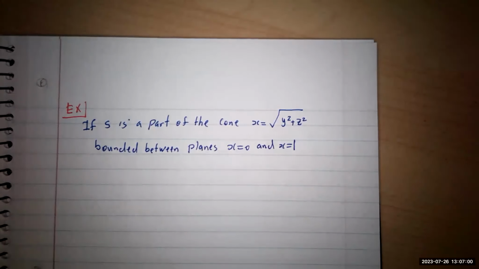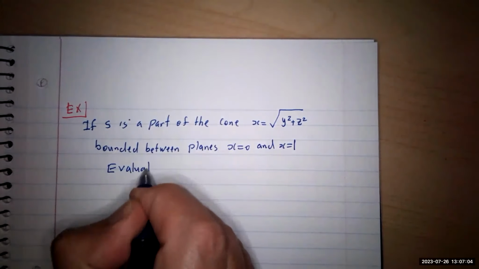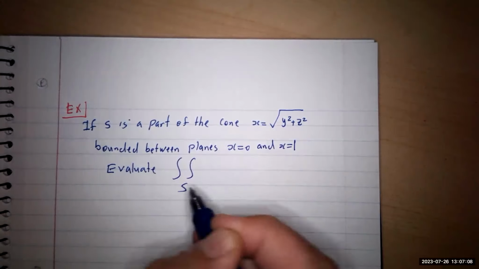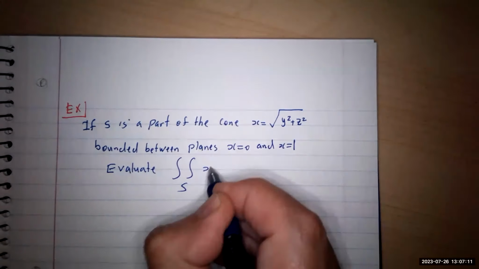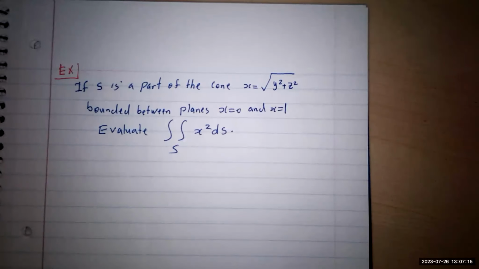Okay, if this is going to be the case, we want to evaluate this surface integral. Double integral on the surface S of x squared dS. That's it. So that would be the target, to find it over here.